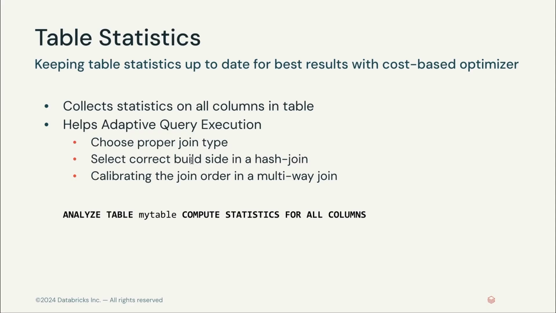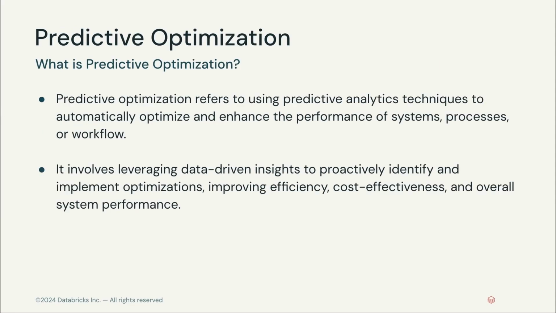AQE is going to select the correct build side in a hash join. It's going to calibrate the join order in a multi-way join as well, by the calculation of these statistics. We can run these statistics and analyze by issuing a command: ANALYZE TABLE, give the table name, then we say COMPUTE STATISTICS FOR ALL COLUMNS, and those statistics are going to be calculated.